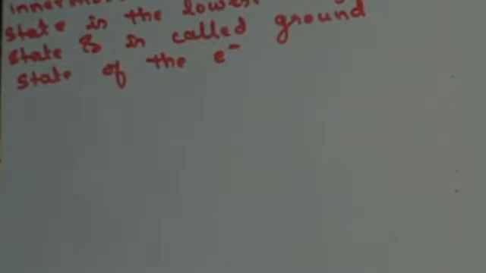Now, let's assume that the hydrogen gas is subjected to some kind of radiation or is heated directly or is given some electric field. In that case, hydrogen gas would receive some energy. Due to this energy, if I heat hydrogen gas, it will receive some energy.